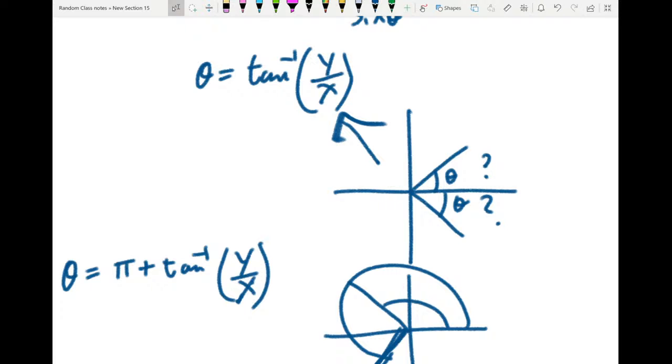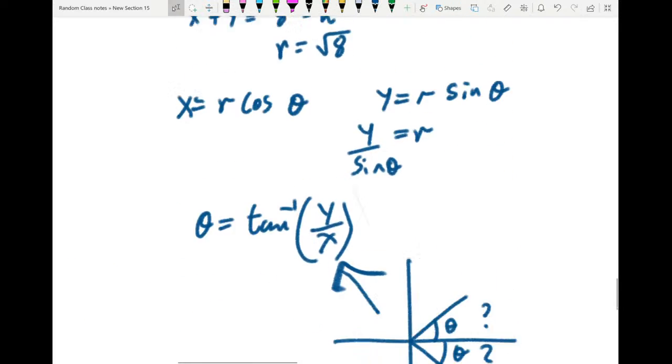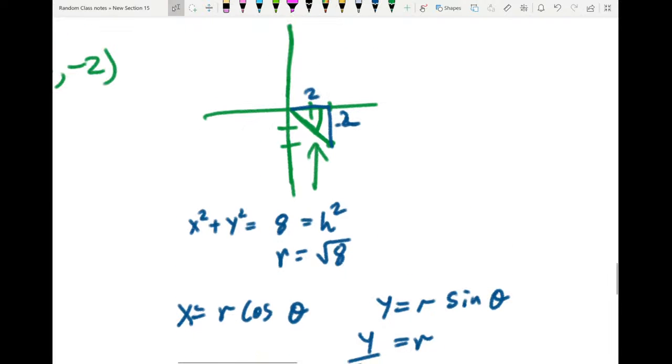And in this case, we discovered that the angle is in the first or the fourth quadrant.